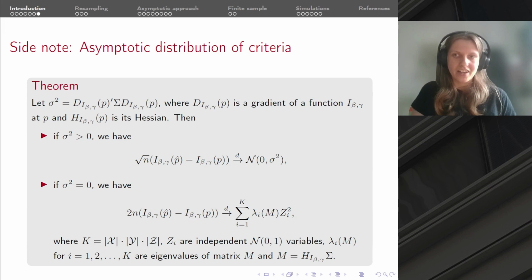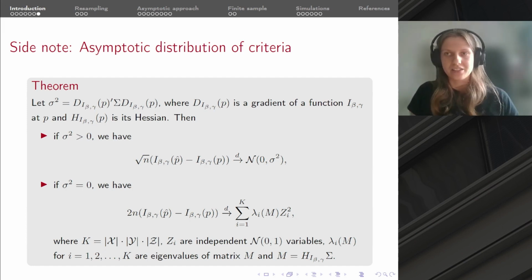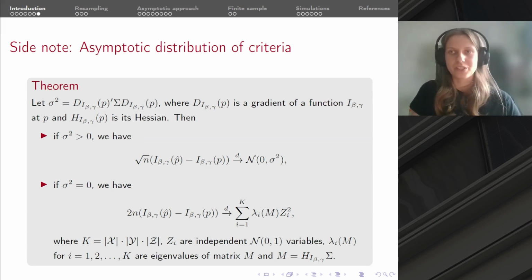For sure, it is not transferable for the criteria. For the criteria, the results for resampling are even more messy than for the sample. So this is the result for the sample for the criteria, which also should somehow measure conditional dependence. And for the resampling, it is even more complicated. So I'm not sure how transferable it is.